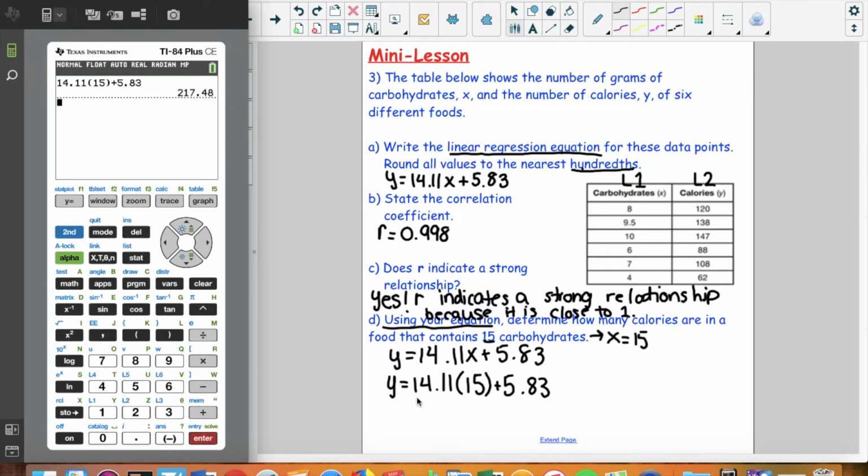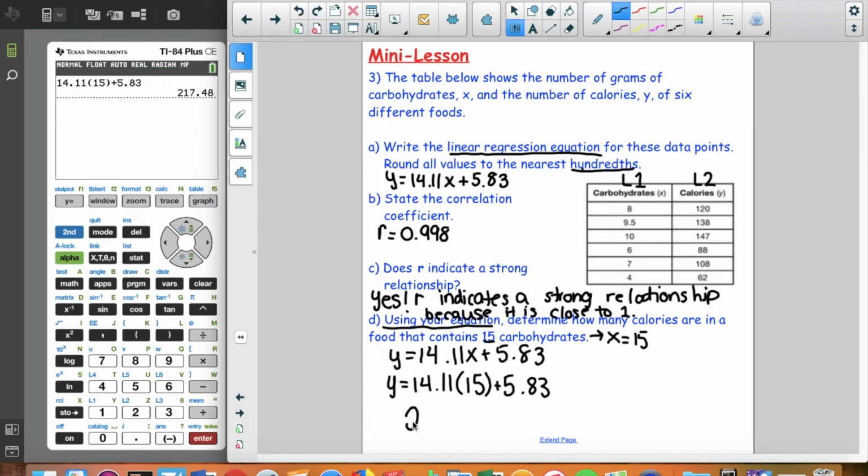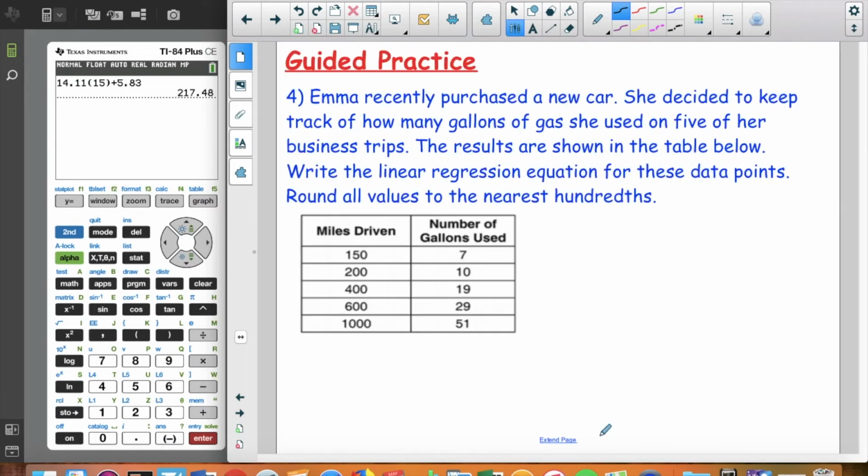Enter, and we get that value, 217.48, and in this case, that represents calories. Okay. All right, so we finished that question, so let's go on to the next.